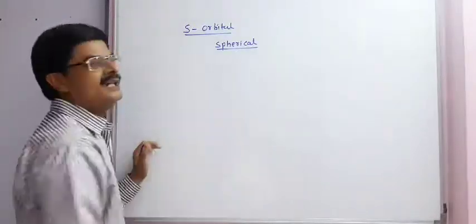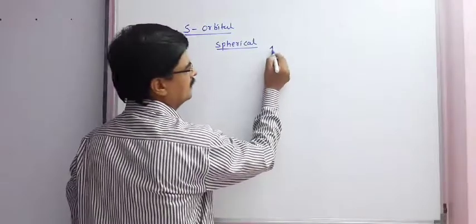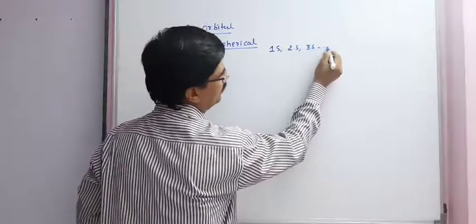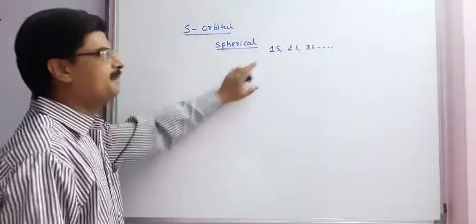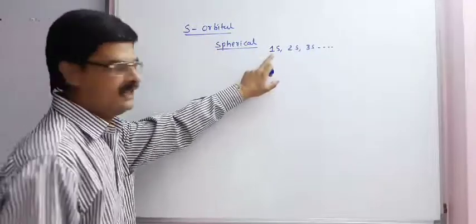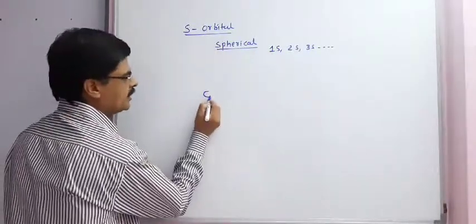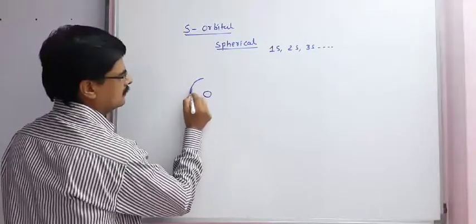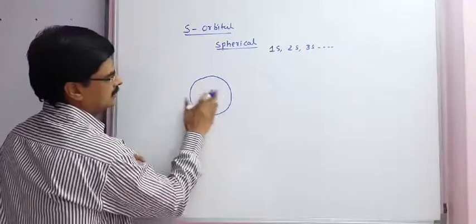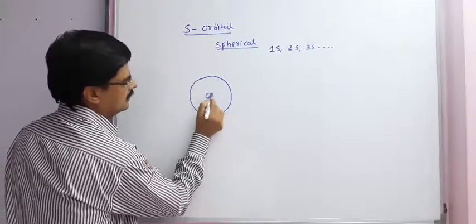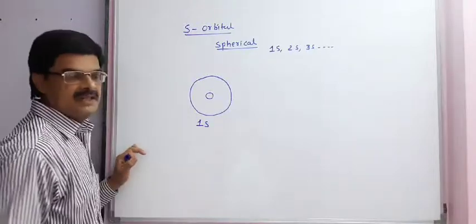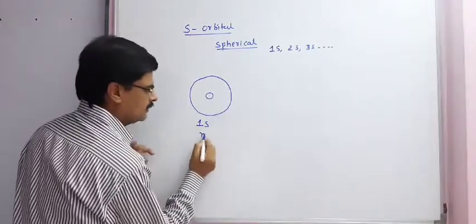We have different type of S orbitals like 1s orbital, 2s orbital, 3s orbital, etc. If we draw the boundary diagram for S orbital like 1s, then simply we can draw this is 1s orbital in which there is no node.